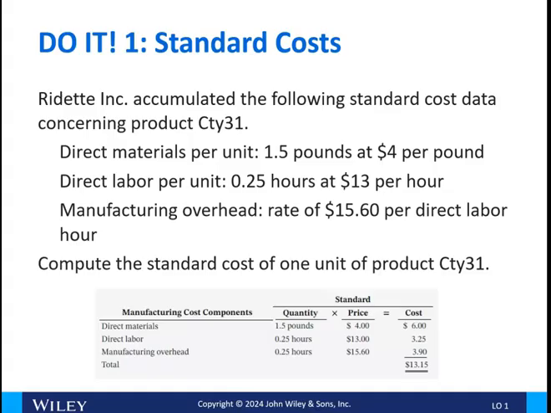Direct materials, 1.5 pounds times $4 is $6. Direct labor, a quarter of an hour at $13 per hour, $3.25. And manufacturing overhead, again, a quarter of an hour because it's based on direct labor. $15.60 is the overhead rate, so it's $3.90 per unit. Total of $13.15 per unit.